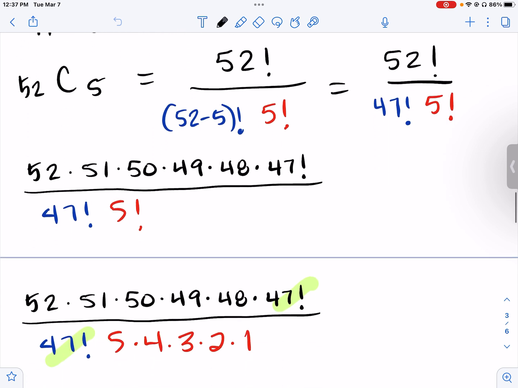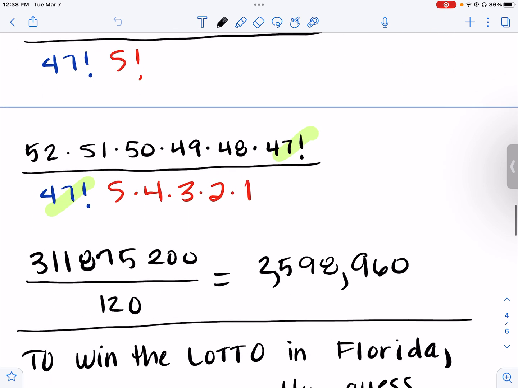And now we can divide it with the 47 factorial on bottom. Okay, 52 factorial means 52 through 1. But we don't want to write all that. 47 factorial means the 47 all the way down until you get to 1, which will cancel with the other 47 factorial. They'll divide out. So we just multiply on top, multiply on bottom, and then divide.